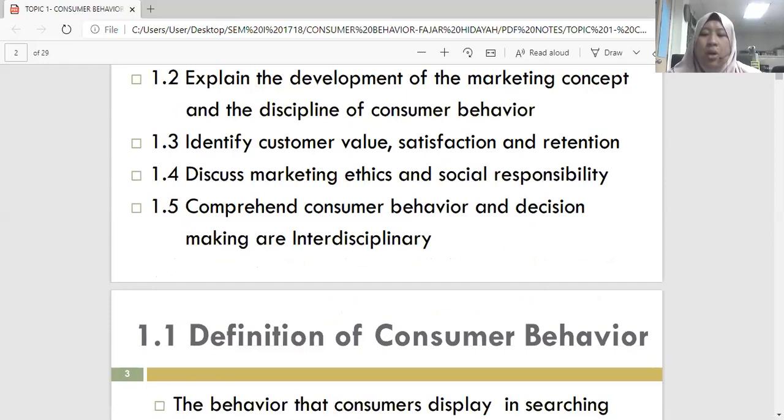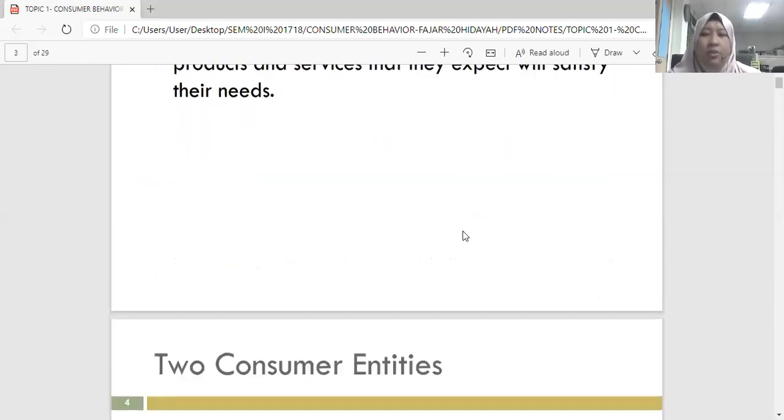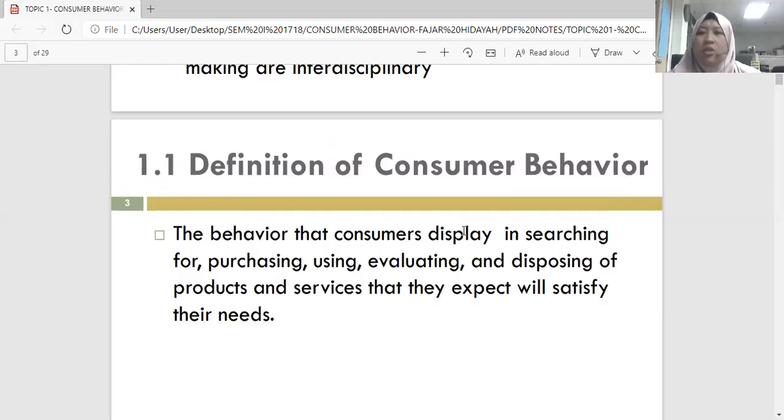Moving on to the first topic, the definitions of consumer behavior. Of course, we have to know what consumer behavior is, or look at the terms: what is a consumer, and what is behavior. A consumer is the customer or buyer who is potentially going to buy your product and can afford it. Behavior is your character as a consumer.